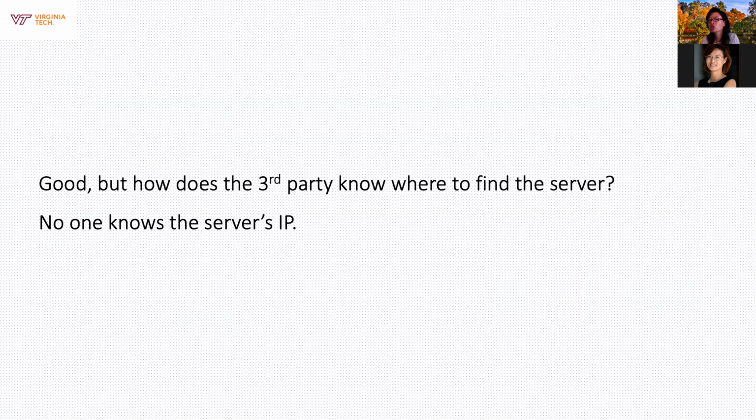It may not know the server's IP address, but it certainly has some trust of the server, so that the server would choose to route to it. So there's some prior setup, and then we can just publish the third party's IP address. No one knows the server's IP, and then we want to start communicating with the server anonymously.